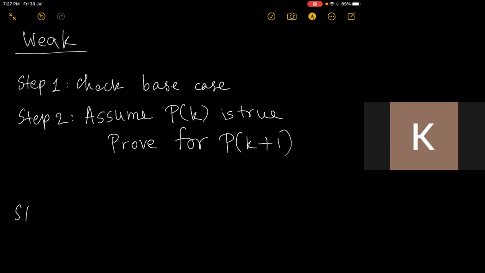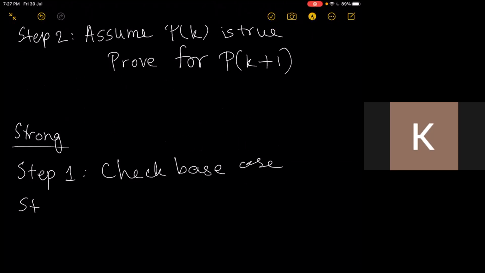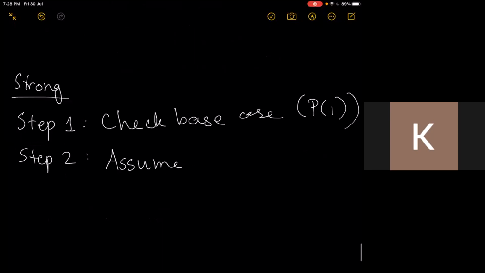Now what is strong induction? Strong induction is just a little bit different. Step 1 is the same. Check the base case. Step 2, suppose the base case was P1. It might not be, but let us assume for now.